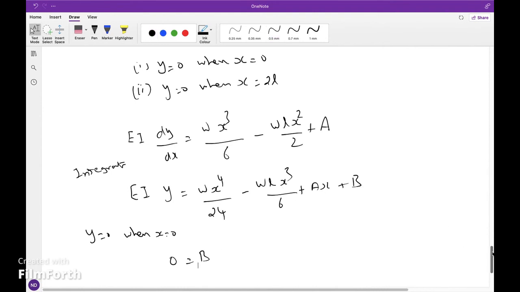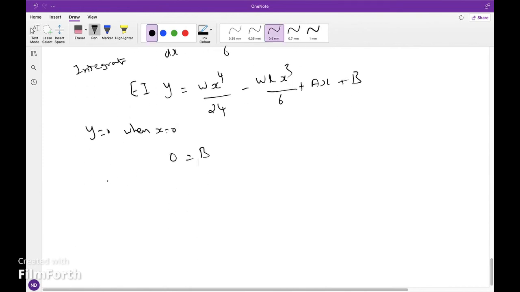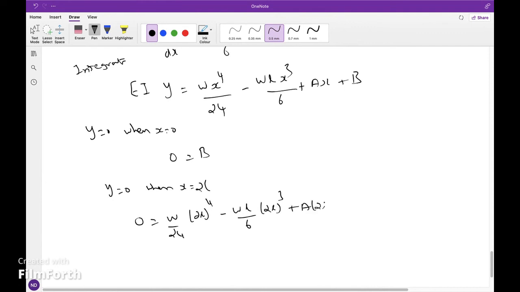Now apply the second boundary condition, y is equal to 0 when x equal to 2L. So 0 equal to omega by 24 into (2L) to the power 4, minus omega L by 6 into (2L) to the power 3, plus A into 2L, B equal to 0.